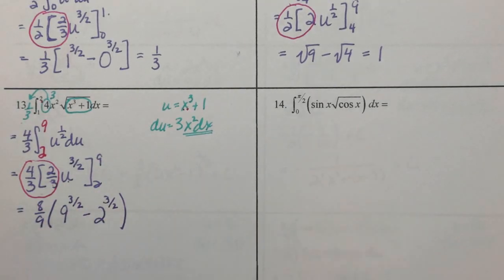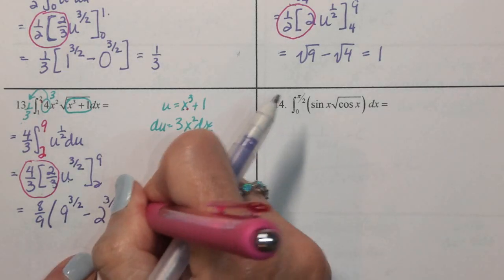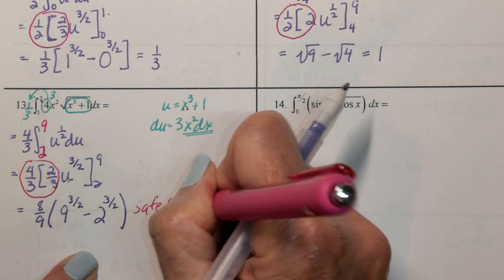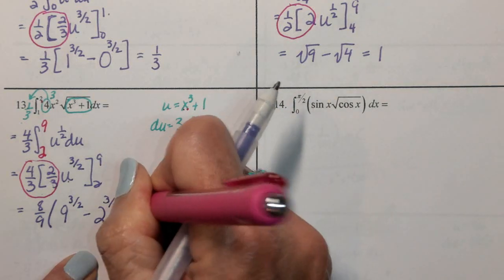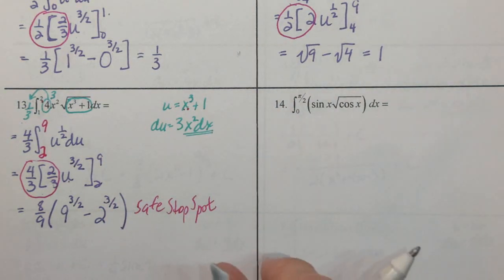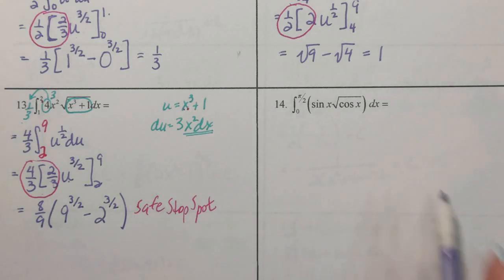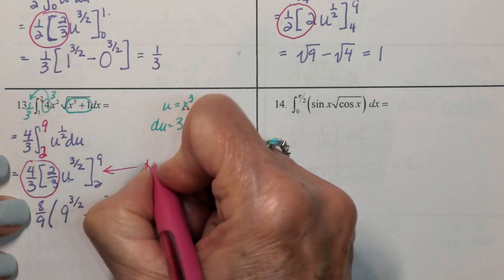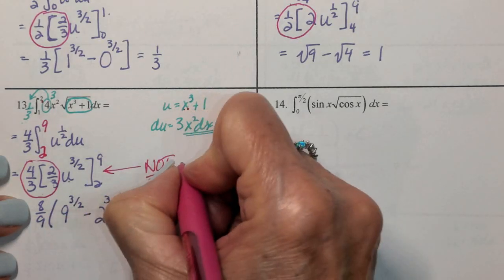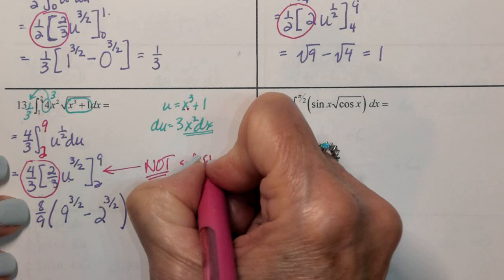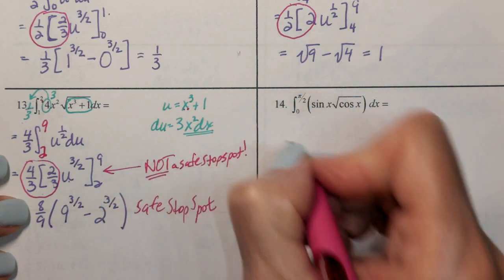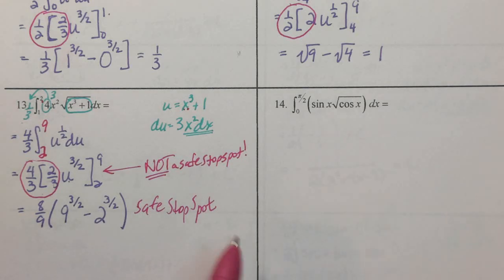By the way, this would be a safe stop spot, of course. It's all numbers. Kids want this to be a safe stop spot, but it is not. You cannot stop until you have plugged everything in. Okay?